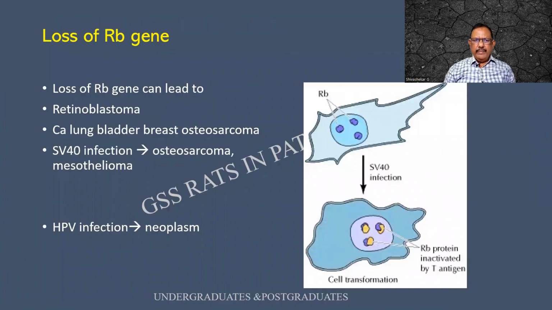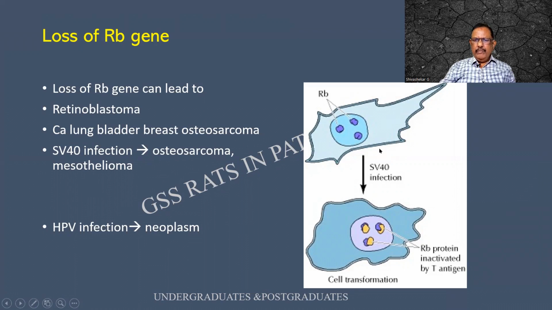Loss of the RB gene can lead to retinoblastoma. It can lead to other tumors also: lung, breast, osteosarcoma. If you go to your text on osteosarcoma, the RB gene will be one of the causes. Also, there can be infections with SV40 or the human papillomavirus, which can result in osteosarcoma and mesothelioma.